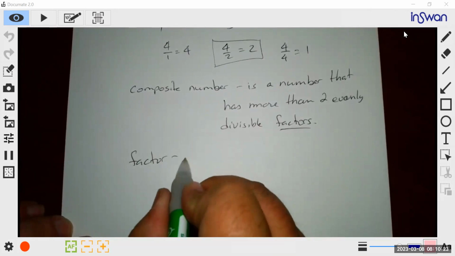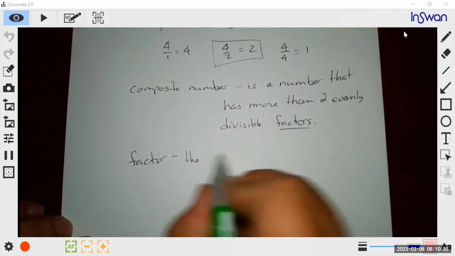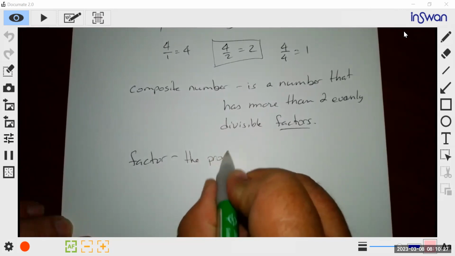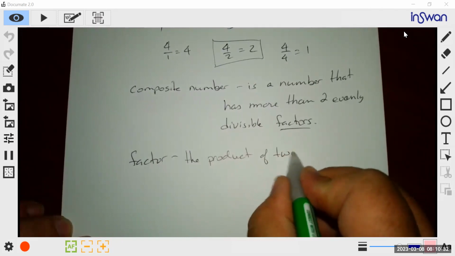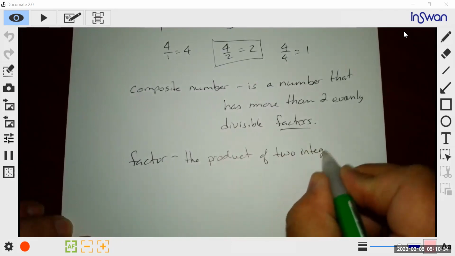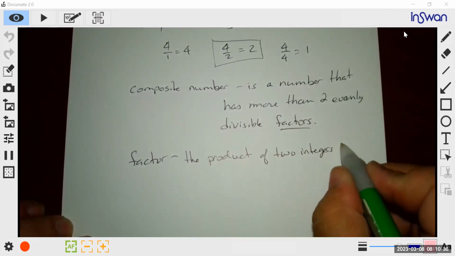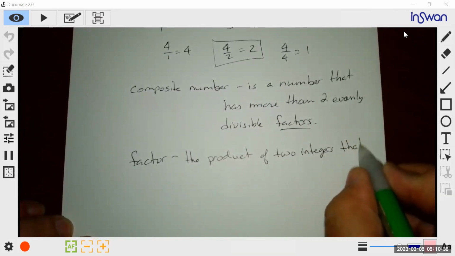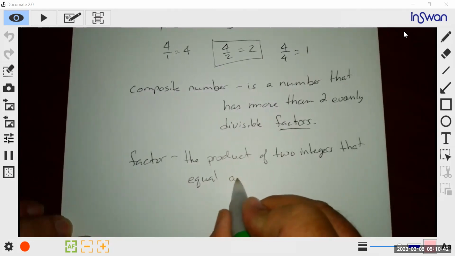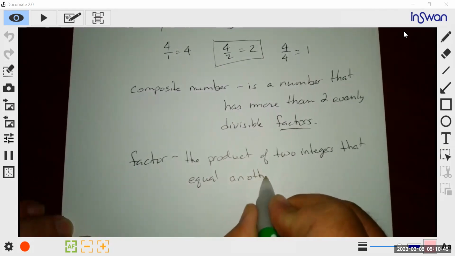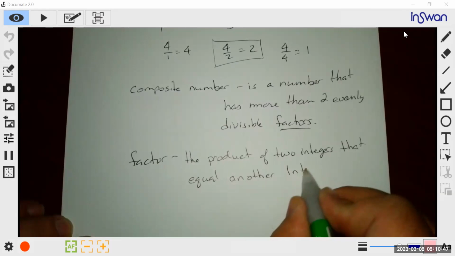A factor is the product of 2 integers that equal another integer.